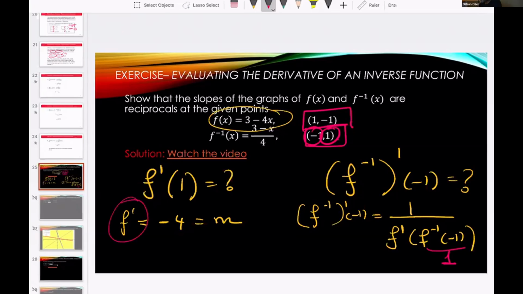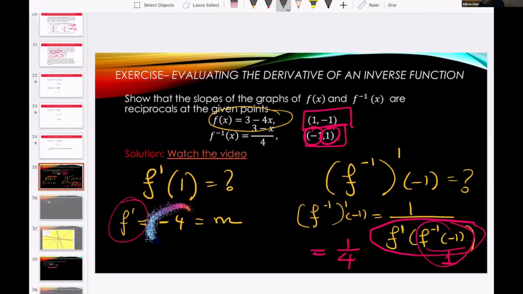No matter what point you're considering, it's just going to be negative 4. So this bottom piece here is always negative 4. Finalizing this question, this number here and this number here are negative reciprocals of each other.